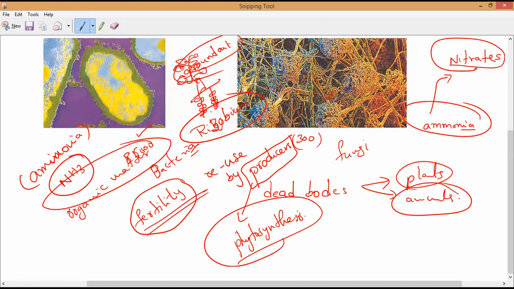So the bacteria that convert the dead bodies of plants and animals into the simplest organic matter, we call putrefying bacteria. Everybody clear, guys? What do we call them?